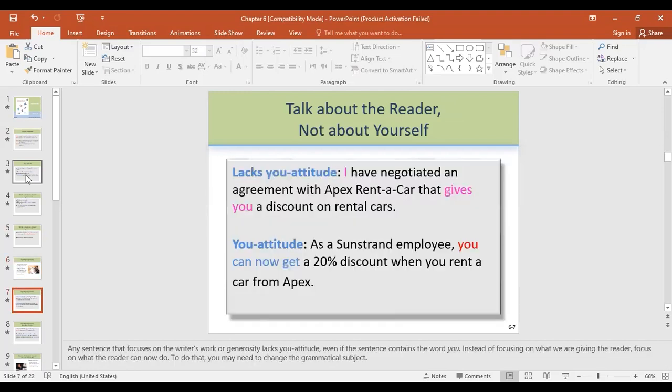Here we give more examples about talking to the reader, not about me. We give an example of what lacking you attitude looks like, and another example focusing on you attitude as it should be.